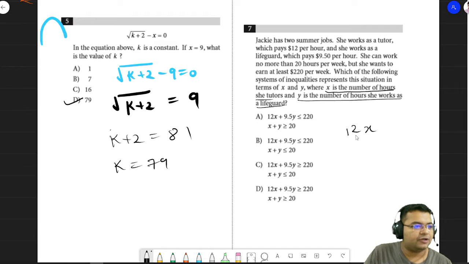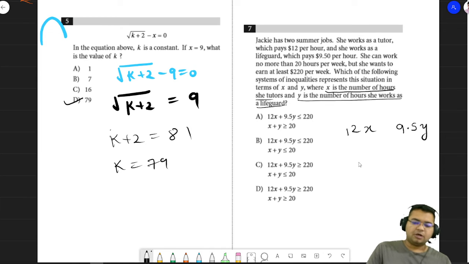And she works as a lifeguard which pays $9.5 per hour, so I can write 9.5y. This is the total earning she will get from the lifeguarding job. She can work no more than 20 hours per week.